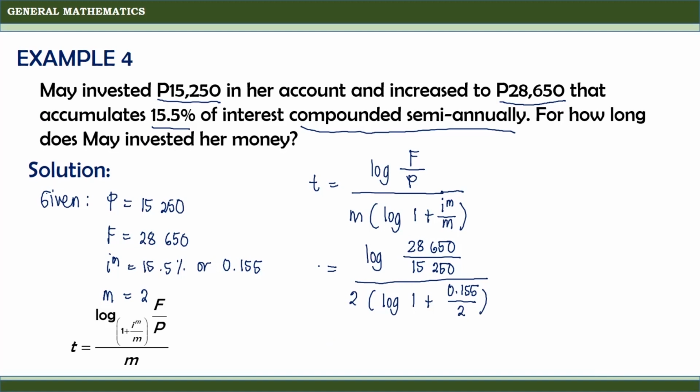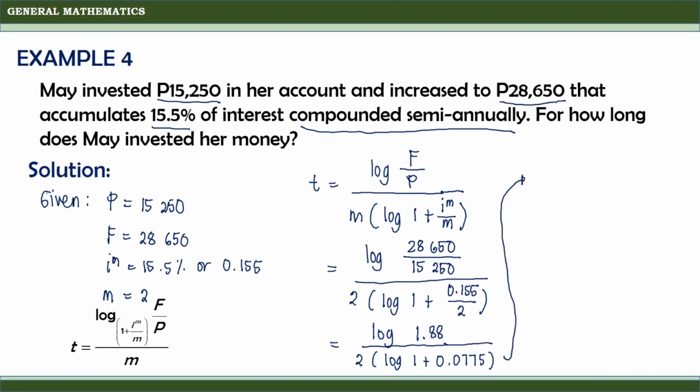So we will have logarithm of 1.88 all over 2 times logarithm of 1 plus 0.0775. The next, add 1 and 0.0775. That will give us logarithm of 1.88 divided by 2 times logarithm of 1.0775.